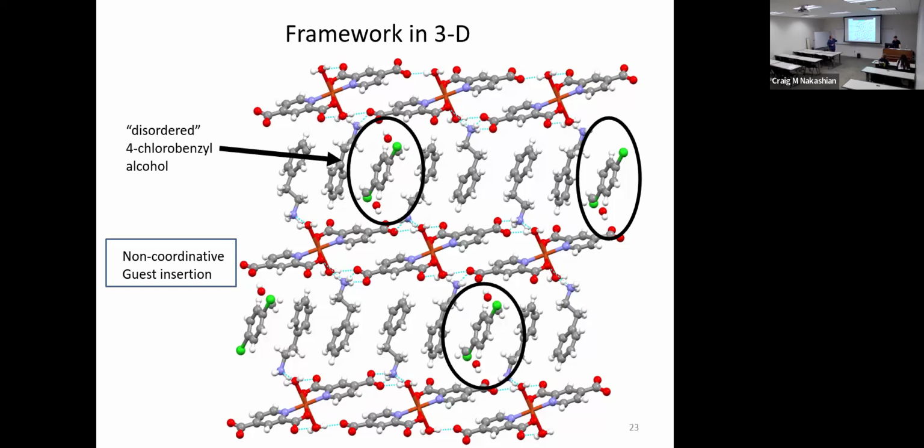But one thing we have to pay attention to is how we label this: a disordered chlorobenzyl alcohol. What happens with X-ray structures is we can have a disorder, which means that once my crystallographer does his work, he puts the molecule in one orientation. The chlorine could be pointing up and the OH of the alcohol pointing down, which is one perspective, and you can also have it in the opposite direction.